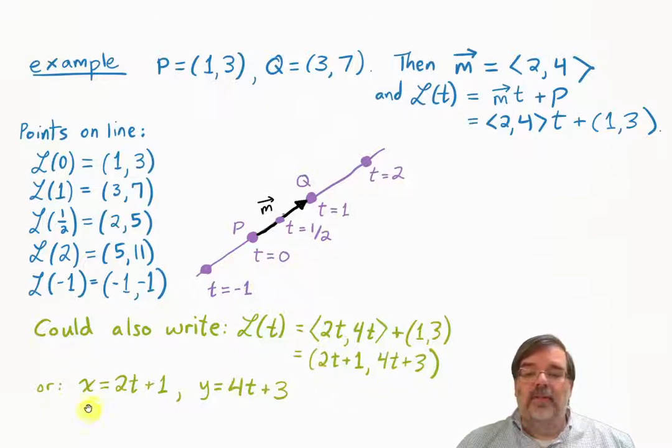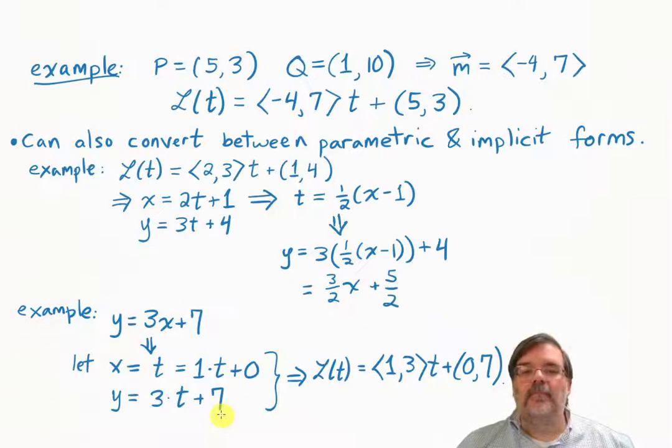The first component is your x, and the second component is your y. So, if you wish, you could take this parametric vector-based form and rewrite it as a pair of equations, one for x, one for y, both in terms of t. That's also fine.